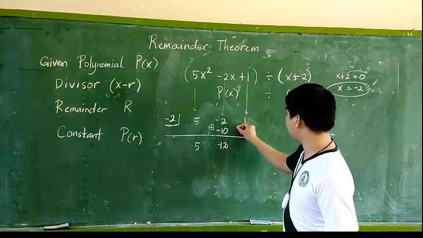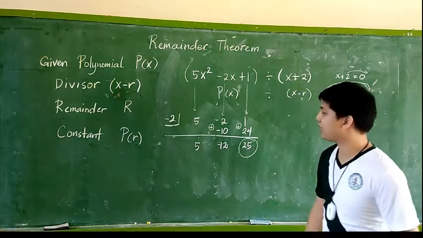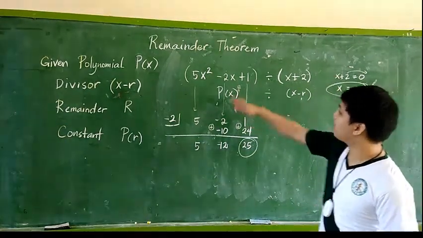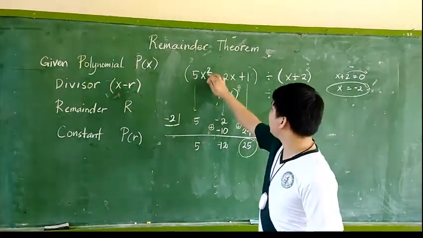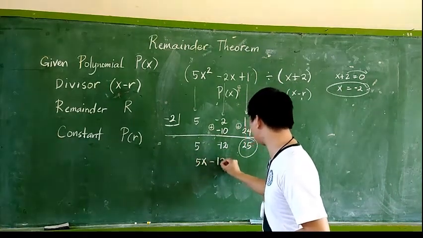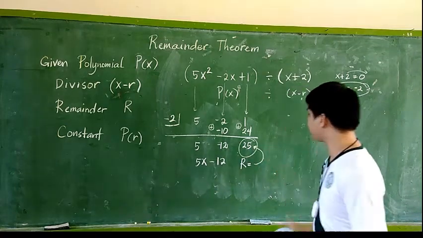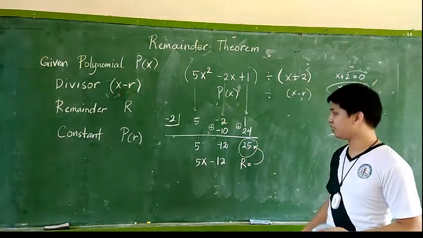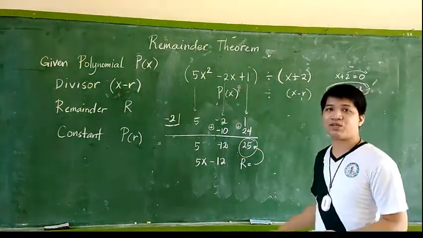Then add again, that is 25. If you look here, this is our quotient, one degree less, so that will become 5x minus 12. And our remainder is this one. Now, this is synthetic division.